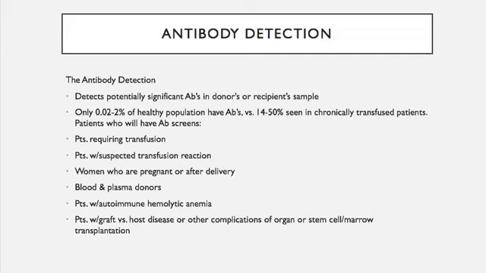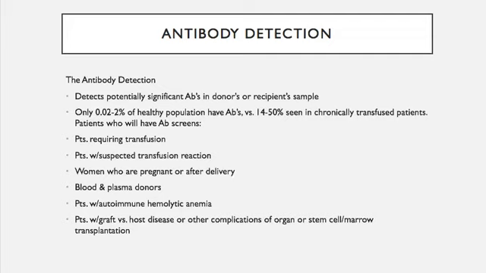If you think about it, if a patient is undergoing treatment for some condition that requires repeated or frequent blood or blood product transfusions, that increases the likelihood that they're going to be exposed to a foreign antigen, an antigen that they do not have on their red cells. And when they're exposed to that foreign antigen, they can build antibodies.